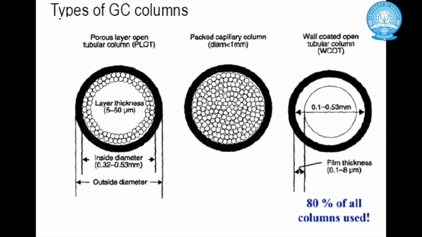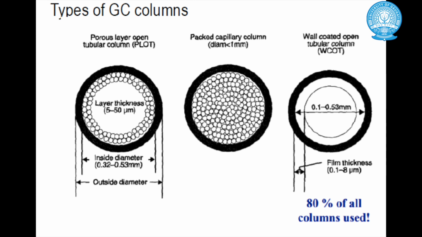Here in this slide, types of columns are shown, and among these, porous layer open tubular column (PLOT) is one, packed capillary column is another, and wall coated open tubular column, which is mentioned as super coated open tubular column in the previous slide, is shown.